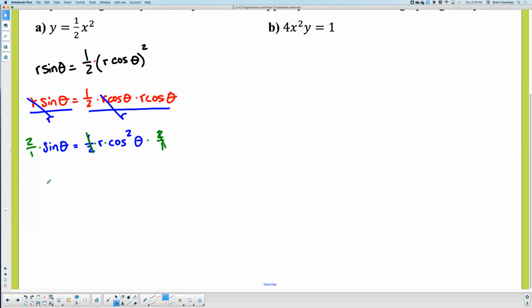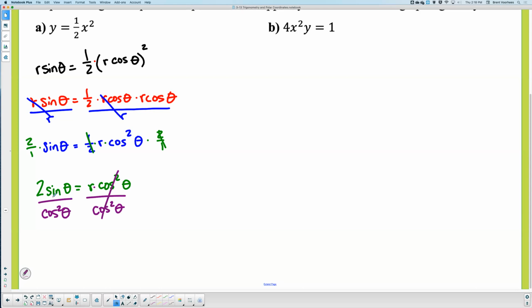And so now we have 2 sine theta equals r cosine squared theta. Now we're at what would be the last step if it wasn't for trig. How do I isolate my r now? Divide. It's being multiplied right now, so we'll divide by cosine theta.